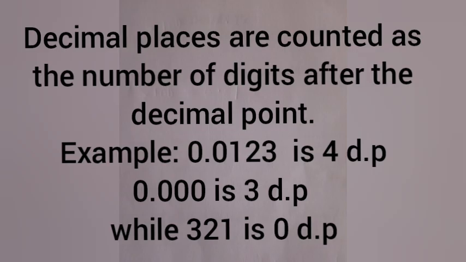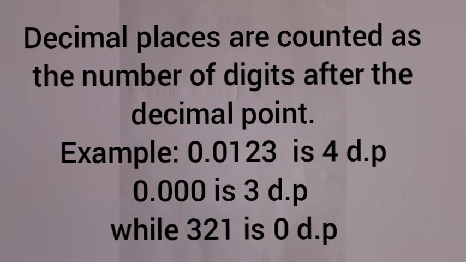Now, another example, 0.000 is 3 decimal places, because after the decimal point we have 3 digits. Even though they are zeros, they are digits. So this is 3 decimal places.